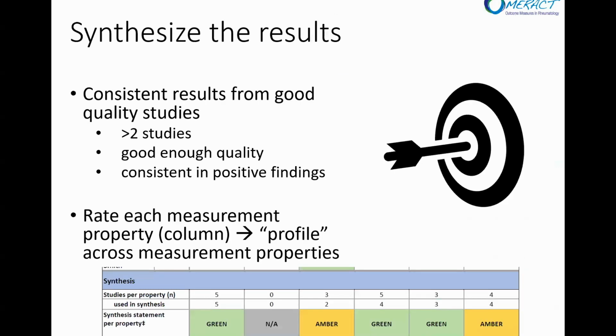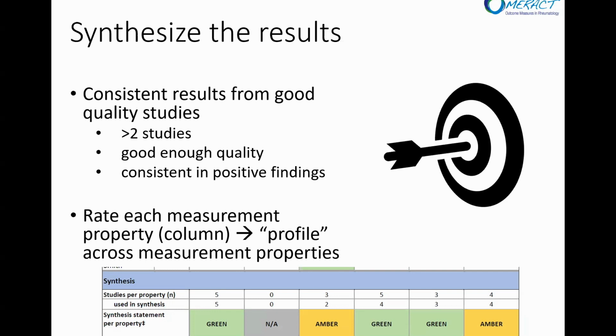We want to see how you pull the results together. So we're looking for consistent results from good quality studies. And that means more than 2 studies that had good enough quality and we're finding consistent positive or negative results. And then you would rate each measurement property column green, amber, or red, to get you a profile across the measurement properties.